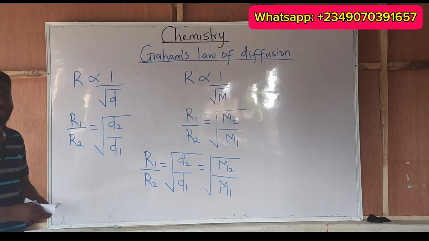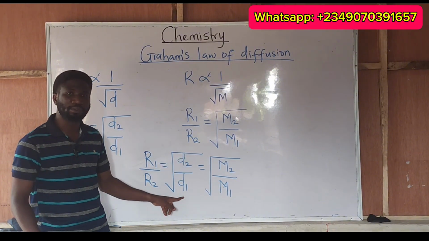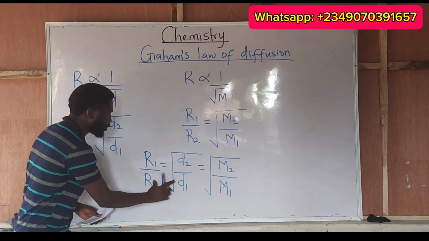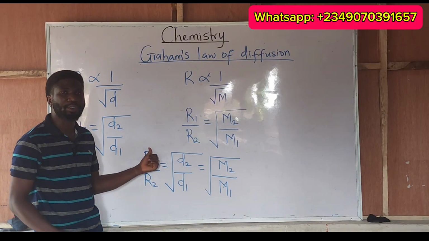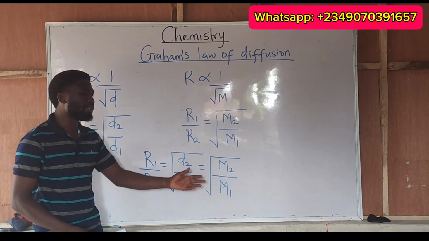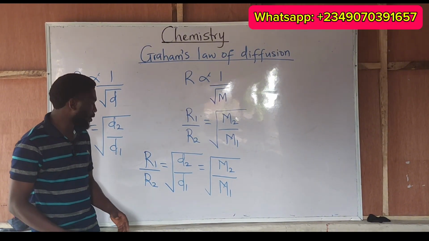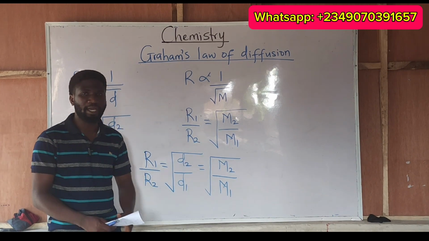So this is the formula you need to take note of. R1 over R2 equals the square root of D2 over D1. You are going to use these two when the question involves rate of diffusion and density. But when it involves rate of diffusion and molecular mass, you are going to use R1 over R2 equals the square root of M2 over M1.